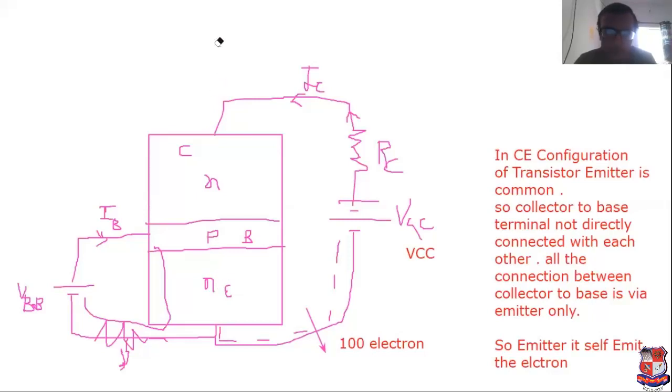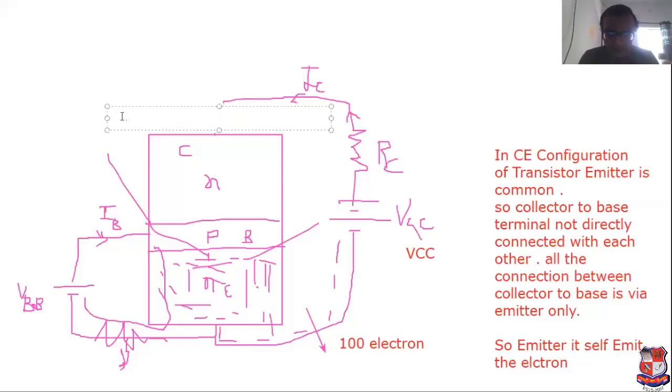After traveling to the emitter, consider this point. At this point also the electrons are large in number. See this particular point: more than 100 electrons are obviously present here.